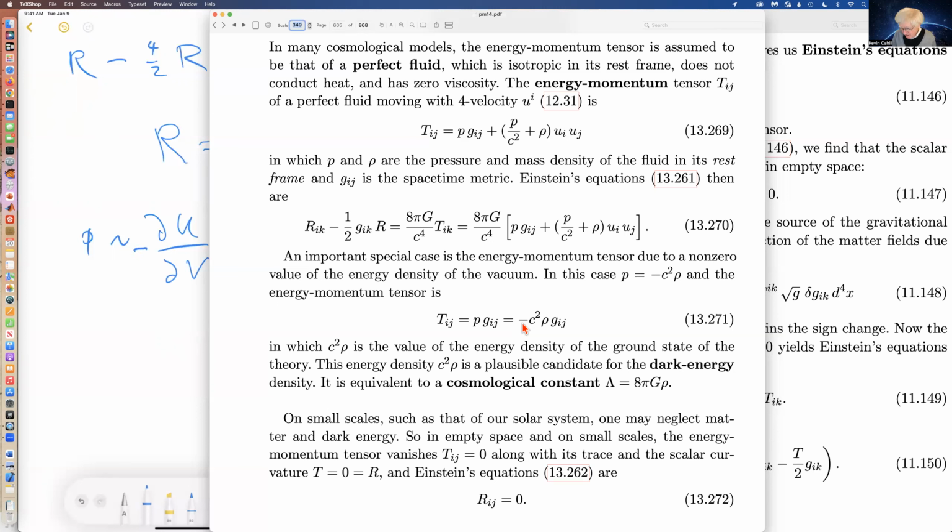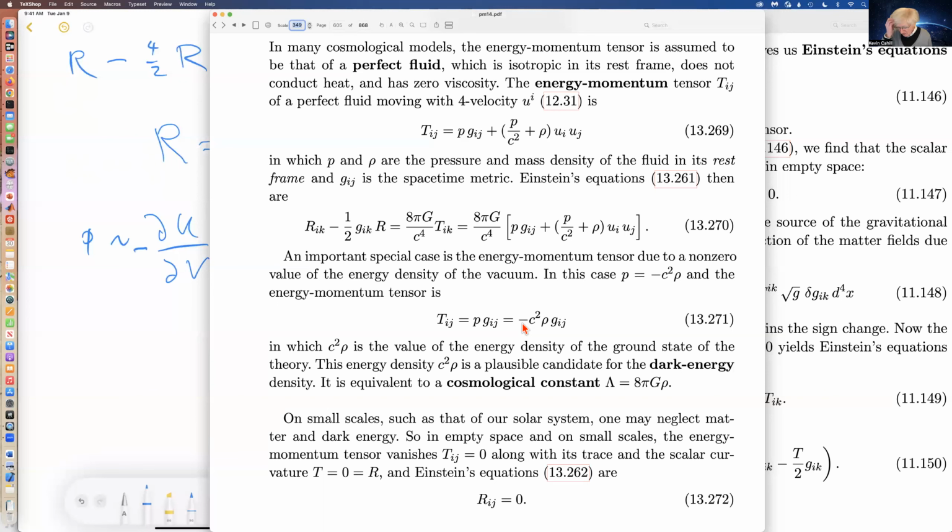And so the energy is increasing with volume. I should have said energy, not energy density. So the energy is increasing with the volume, and so the pressure is negative. So this is less than zero if you say that space has an energy density.